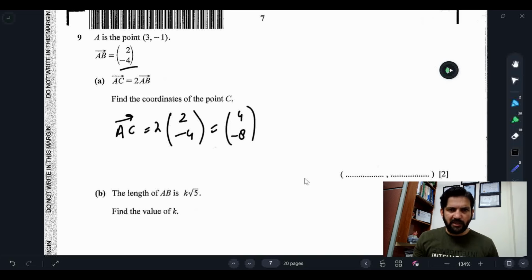Now the question is, find the coordinates of the point C. We know that to find the coordinates, we take the end point minus the starting point.